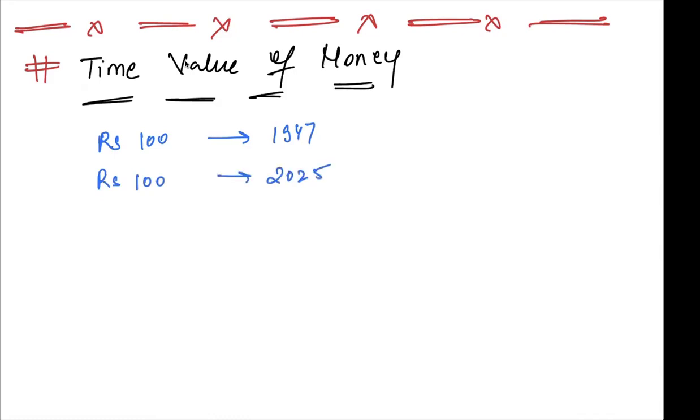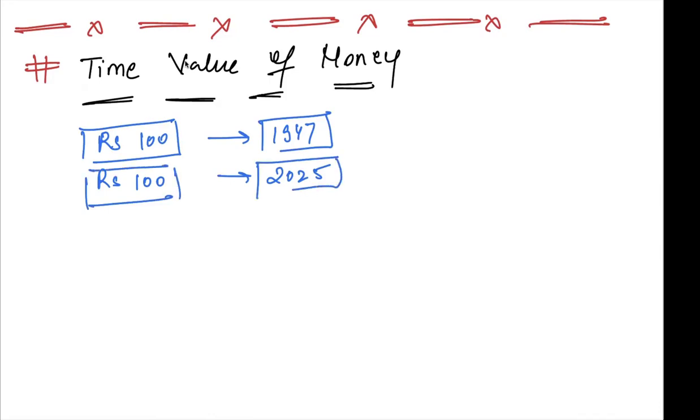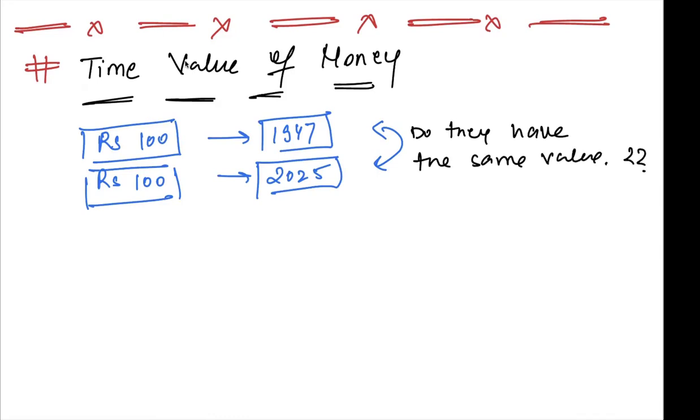Let's say you had rupees 100 in 1947 versus rupees 100 in 2025. Do they have the same value? The answer is no, because back in 1947, we could have bought a lot of things with rupees 100, but in today's life, you can hardly get anything with rupees 100.